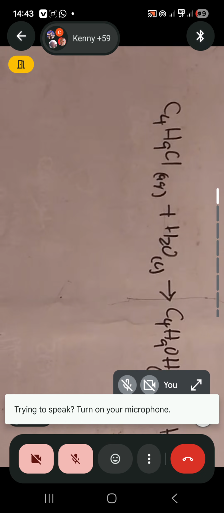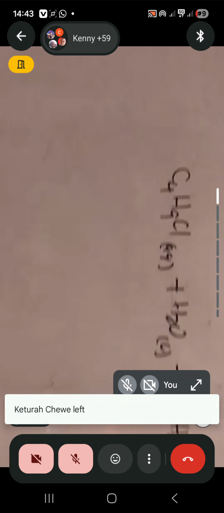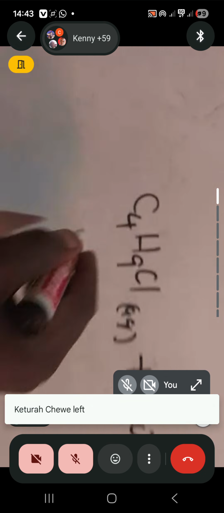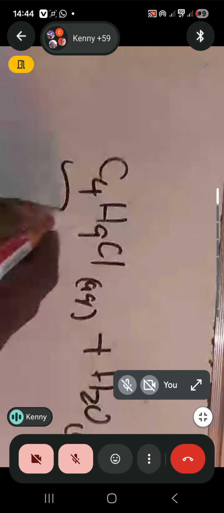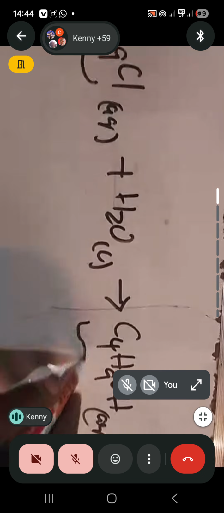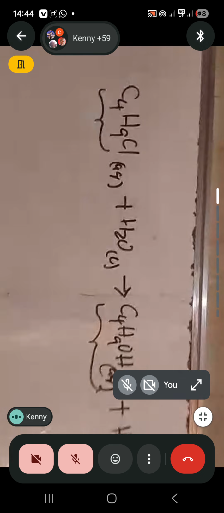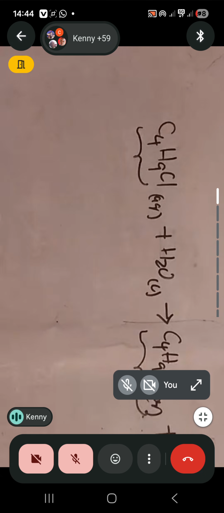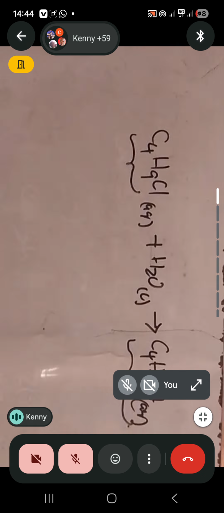You can see here in this equation that the mole ratio of the rate of this to the rate of that is 1 to 1. Okay.